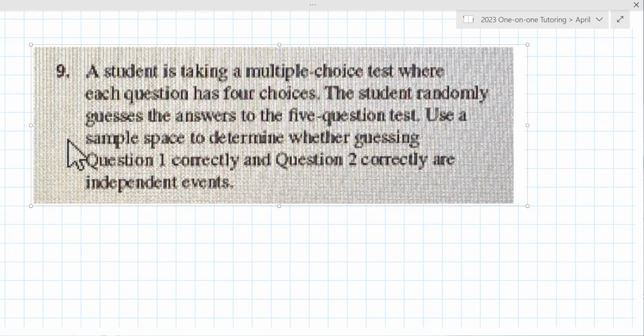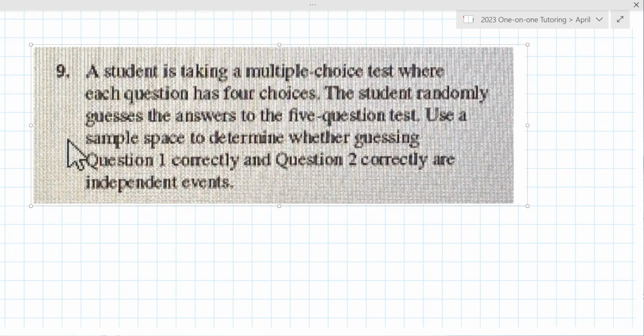Let me read it again. I feel like it might be independent.